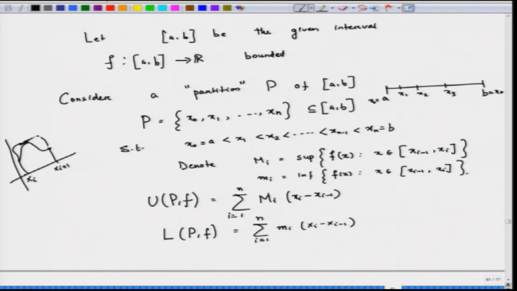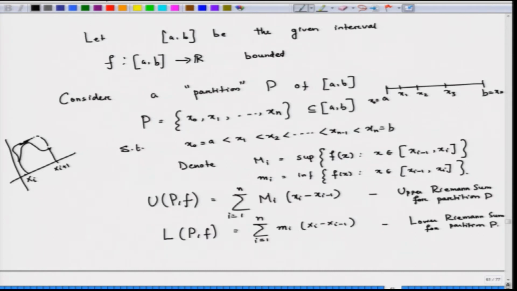We will call this the upper Riemann sum for partition P, and this we will call the lower Riemann sum for partition P.